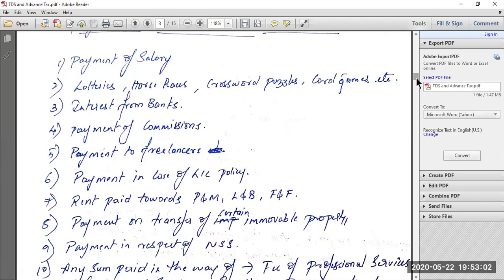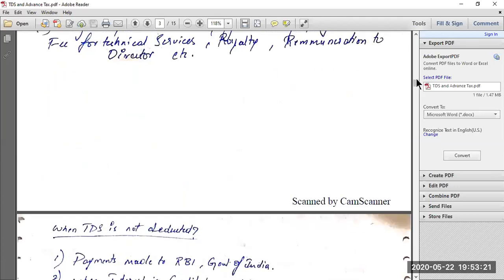Then again, if there is any transfer of immovable property, where one person has to make the payment to another person, except agricultural land or farmland, a certain percentage of TDS would be deducted. Then again, if there is any payment in respect of the national savings scheme, then again a certain percentage of TDS would be deducted.